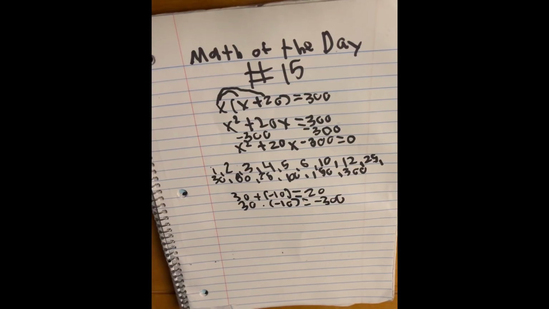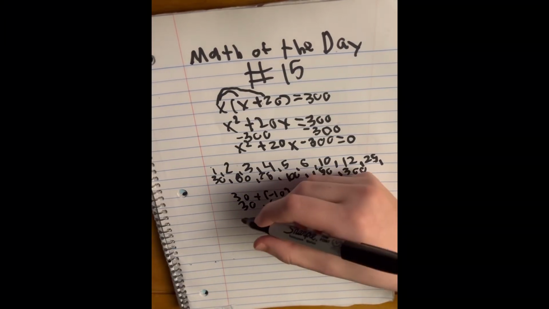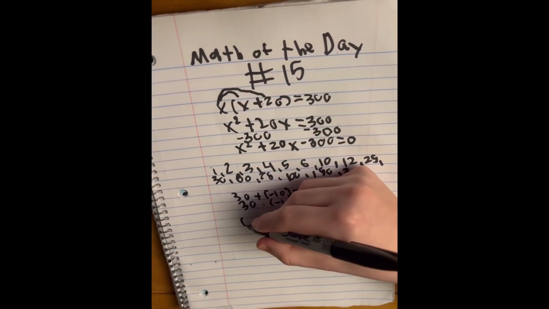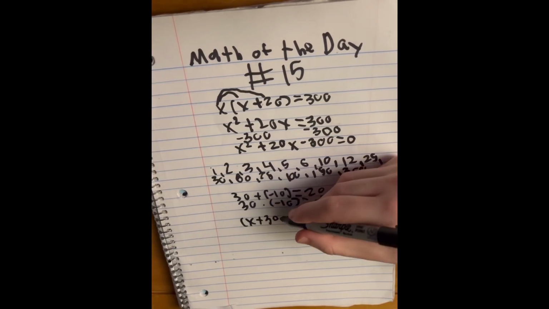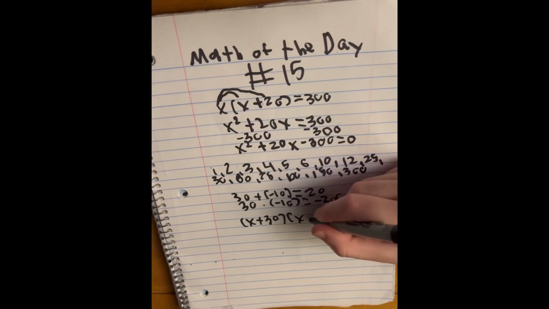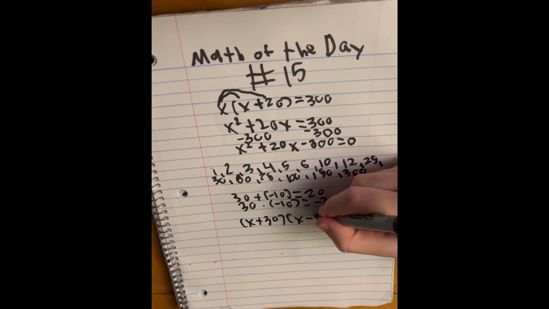Now, if we're wondering what to do with these numbers, we have to put them into what's called the factored form, which is x plus 30 times x minus 10.